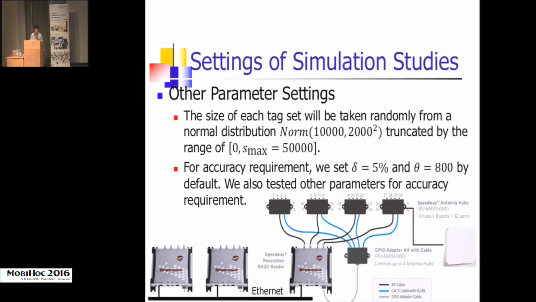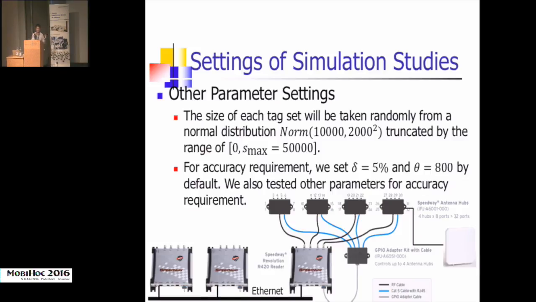You may wonder whether it is realistic to assume such a large size of tag set, like 10,000. In fact, it is possible. In our lab, we have set up this experiment test bed. We have three Impinj readers, R420, and each reader can be attached with 32 such antennas.